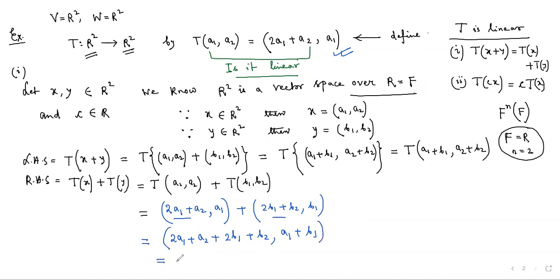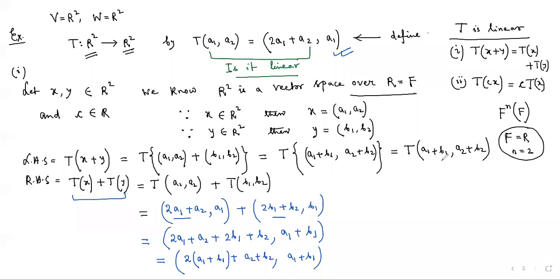And if you want to write it in some other acceptable form, you can take the two common. You can write it as 2 into A1 plus B1 plus A2 plus B2, comma A1 plus B1. So this is the outcome of TX plus TY.